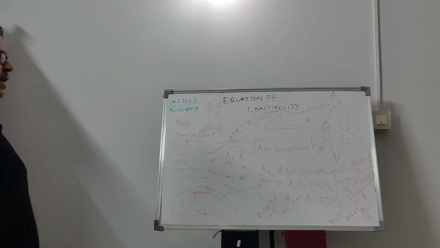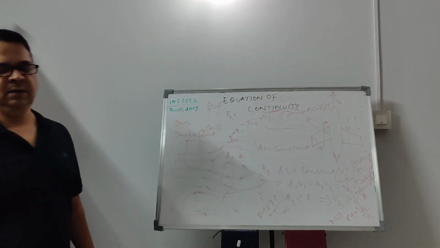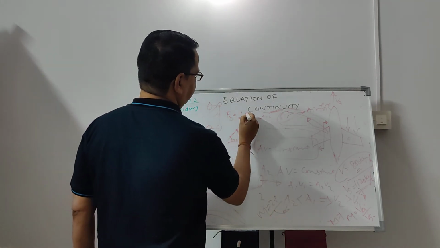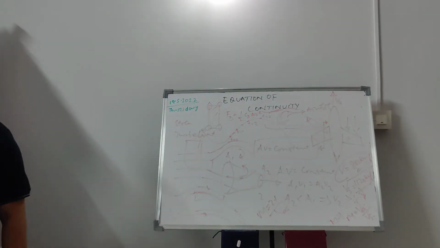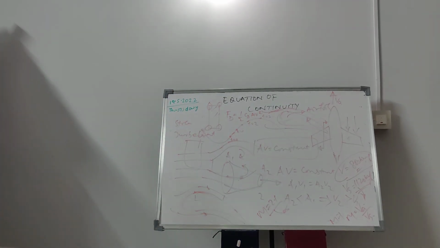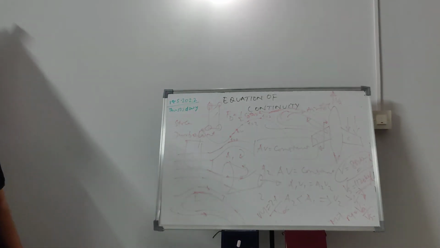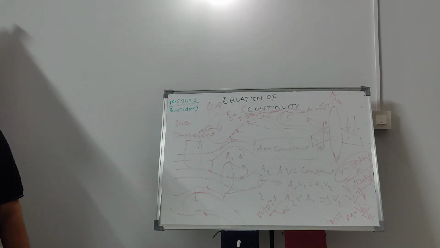This drag force we will study with Bernoulli's equation: half C_D rho A v squared. This C_D is nothing but your drag coefficient. So drag is the resistance force.